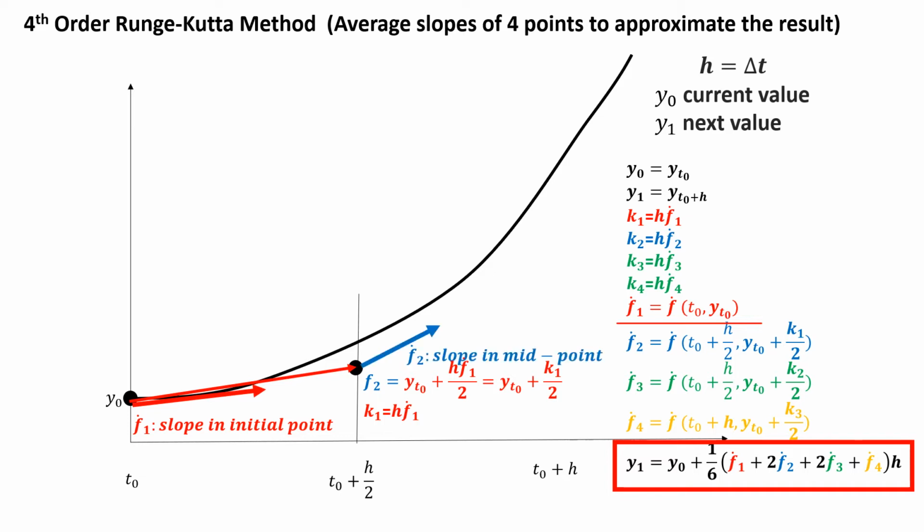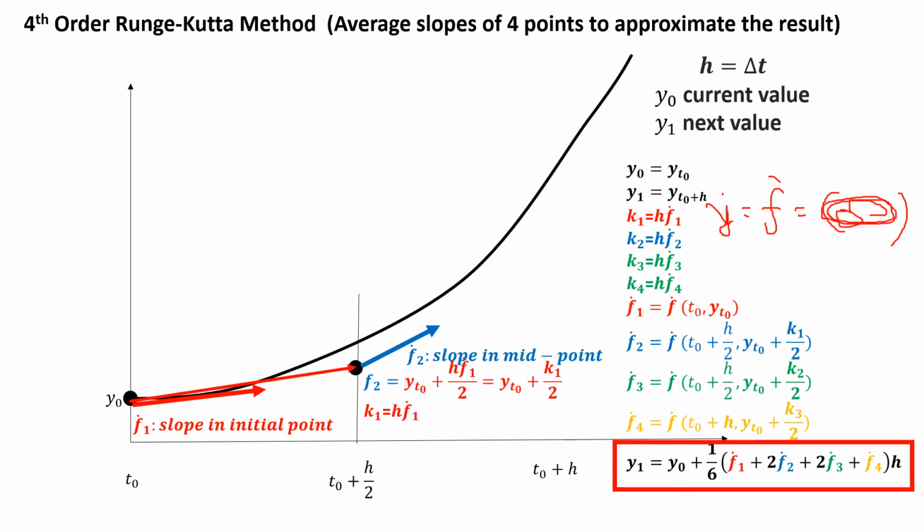Then we can use the second point to estimate our slope at this point, because we already have the equation. You do remember we have the f dot equation. For this example, y dot equal to f dot equal to a certain governing equation here.